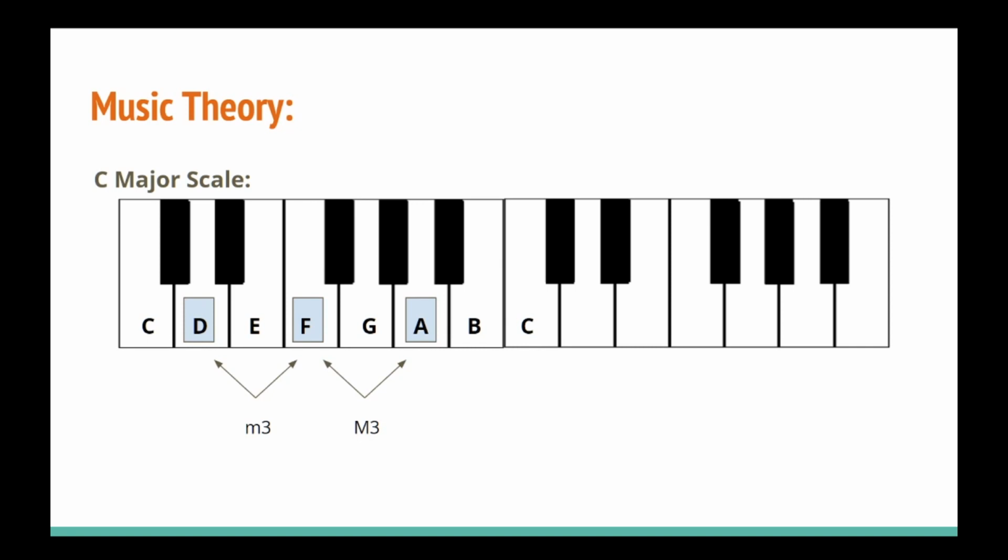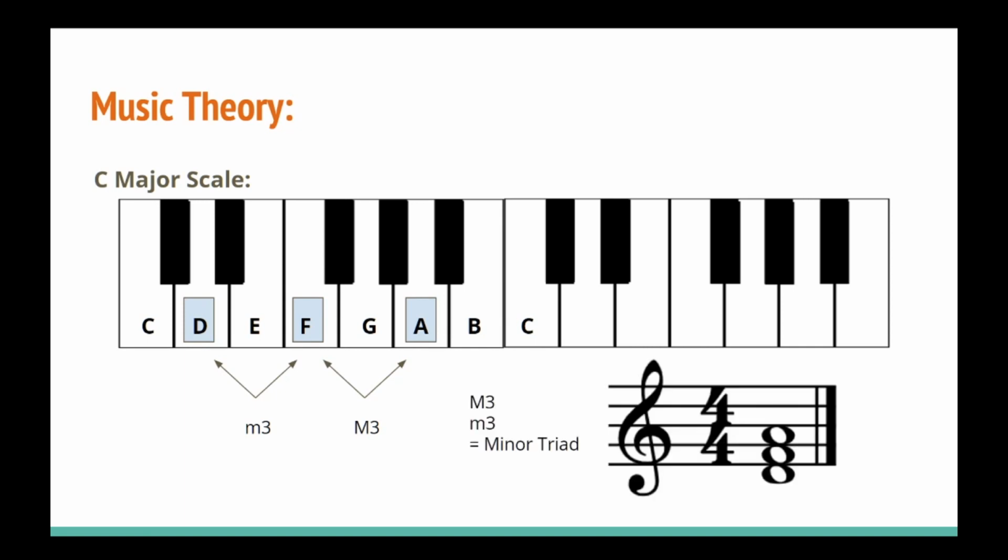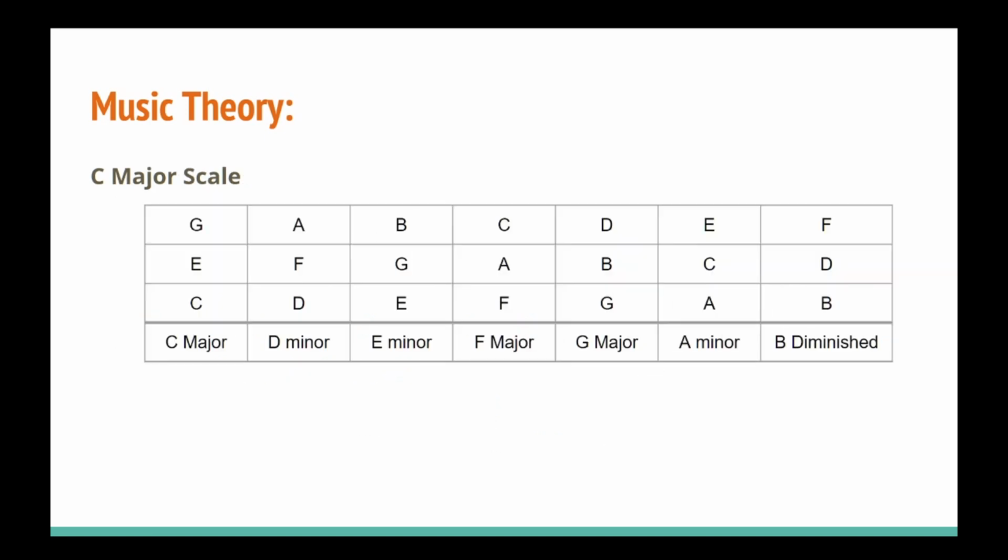This is the opposite of the major triad and is what defines a minor triad. Following this same pattern, we find that the remaining triads we're working with are E minor, F major, G major, A minor, and B diminished, where a diminished triad is just a triad that consists of 2 minor third intervals.